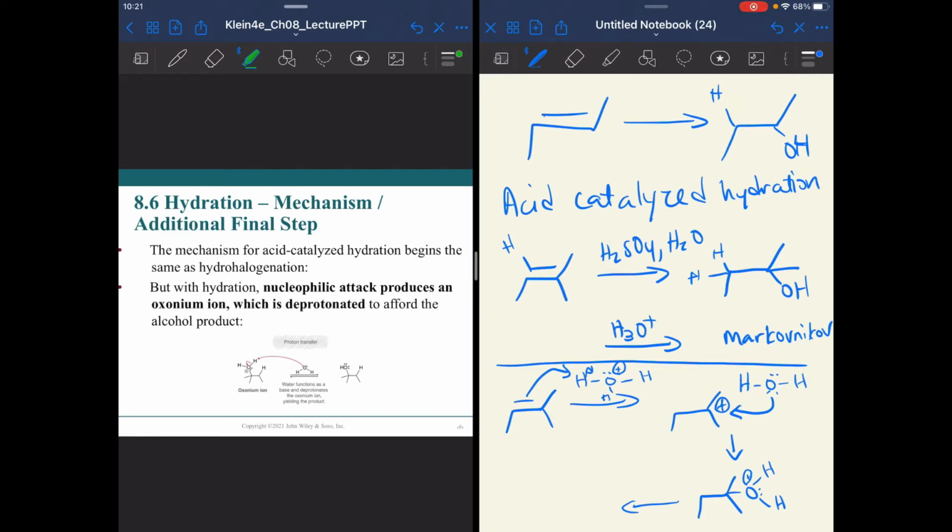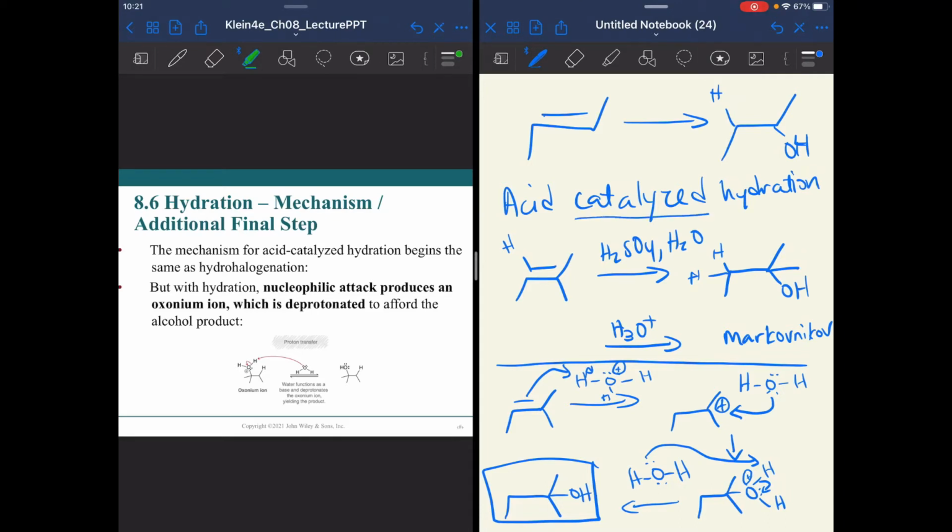What we are going to use is another molecule of water. Water can act as an acid. It can also act as a base. In this case, it's picking up that proton, giving those electrons back to the oxygen, and leaving us with our Markovnikov alcohol product.